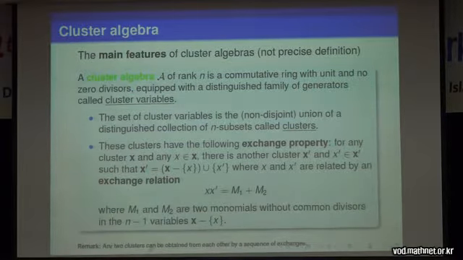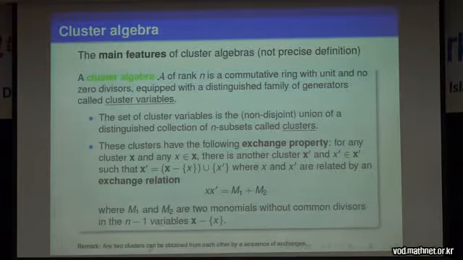There is the following exchange property for the clusters. For any cluster and any variable in this cluster, you can find another cluster and an element in this new one, such that you just use the new one to replace the older one.